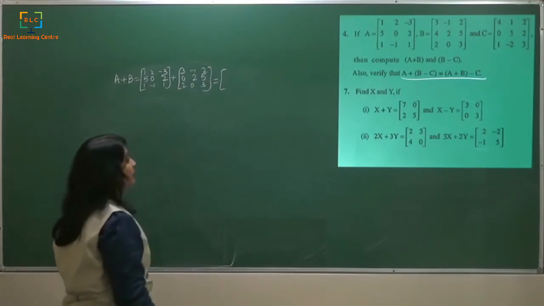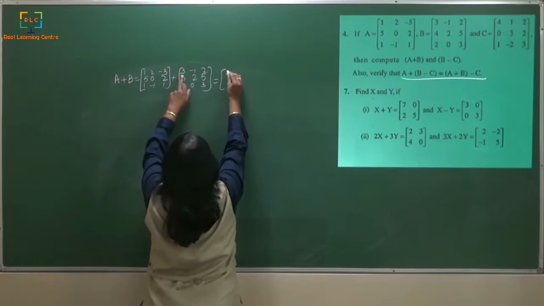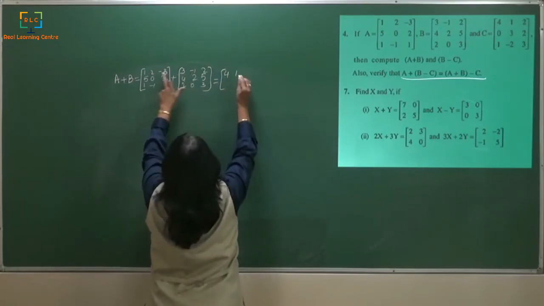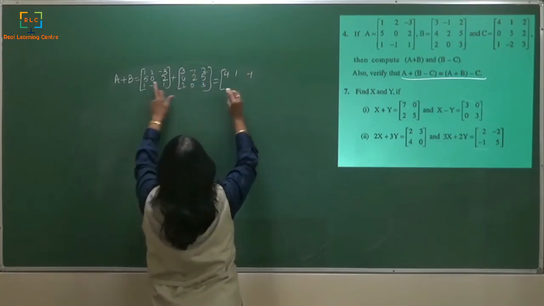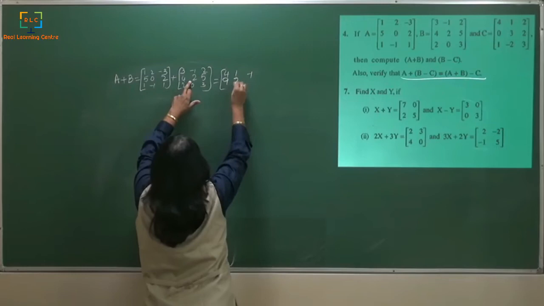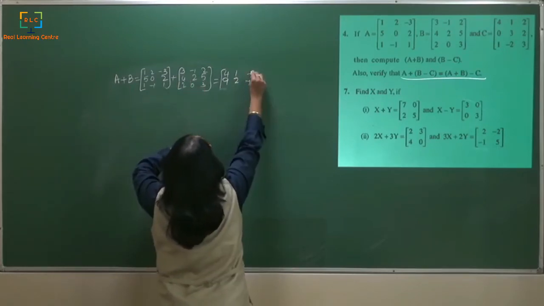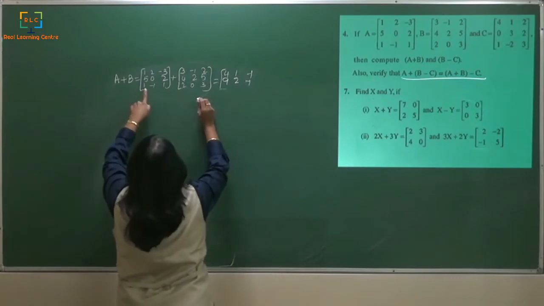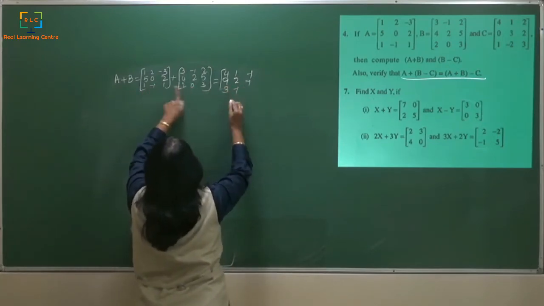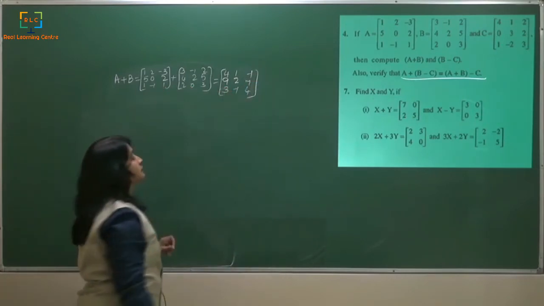We want A plus B, right? 1 plus 3 is 4, 2 minus 1 is 1, minus 3 plus 2 is minus 1, 5 plus 4 is 9, 0 plus 2 is 2, 2 plus 5 is 7. Then 1 plus 2 is 3, minus 1 plus 0 is minus 1, 1 plus 3 is 4. This is A plus B.